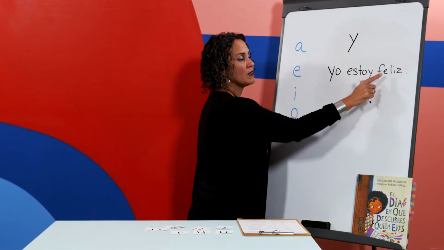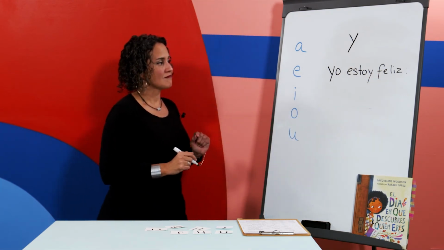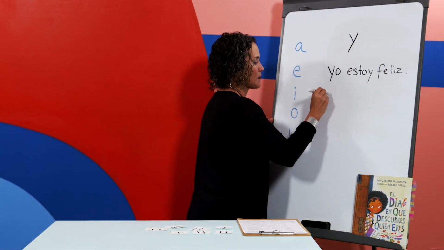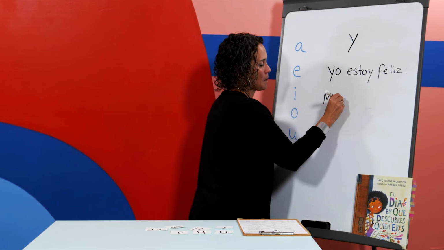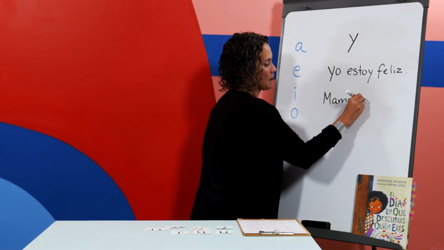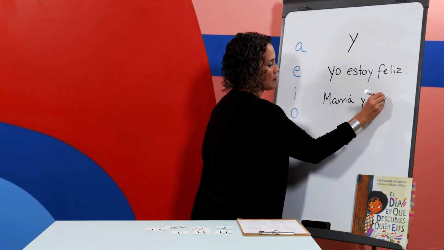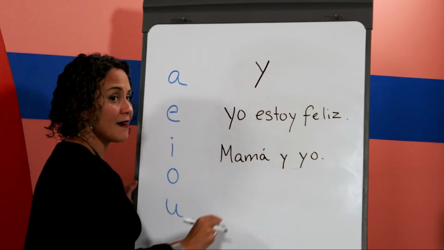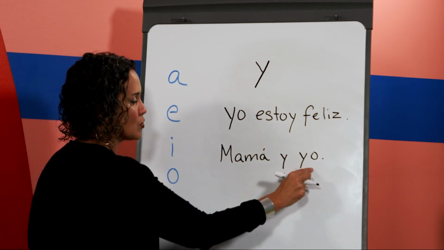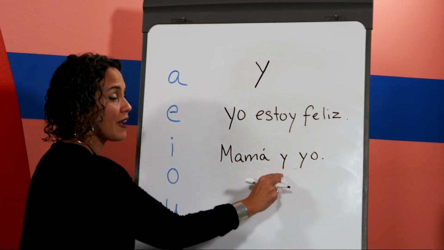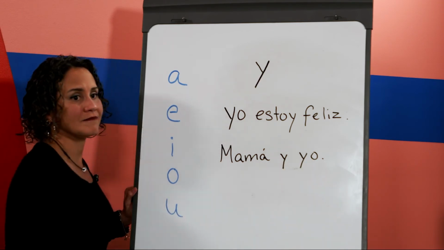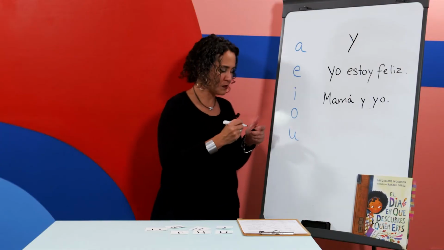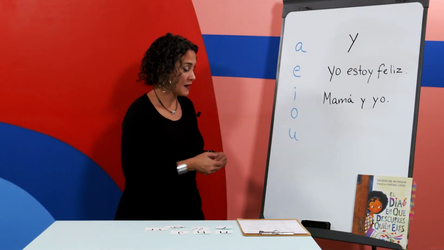Yo estoy feliz. Perfect. Now another one is, take a minute to read that one. Mamá y yo. That's mom and me. So in both sentences, we have both sounds that the Y can make.